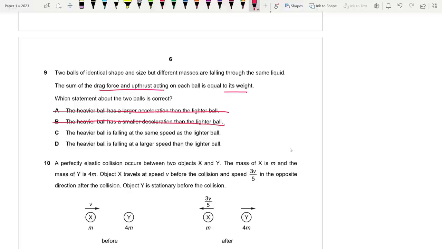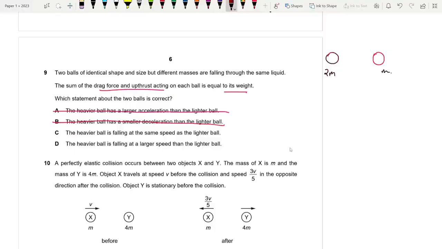Since the balls, although they're falling through the same liquid, have identical shape and size, but different masses. This is heavier. Suppose this is 2m and this is just m.